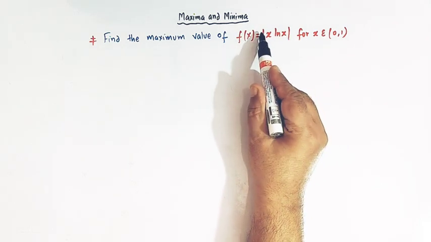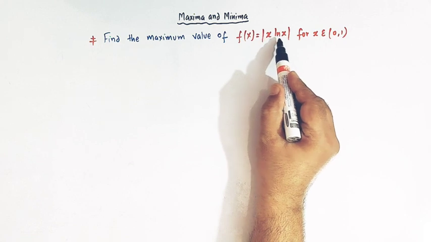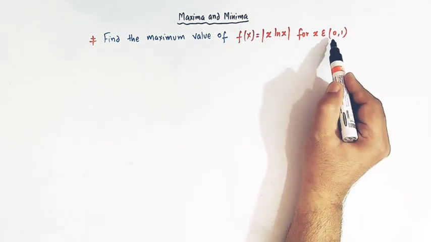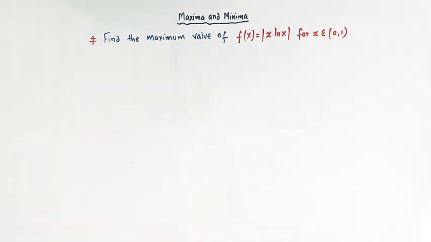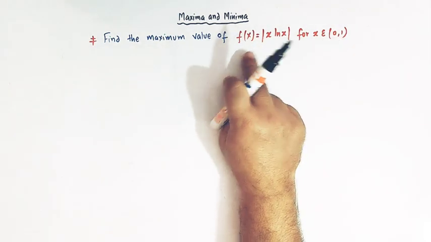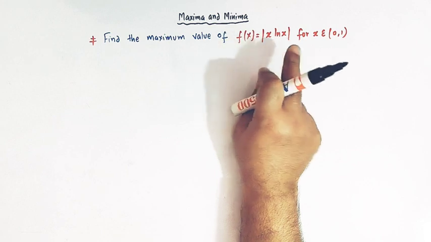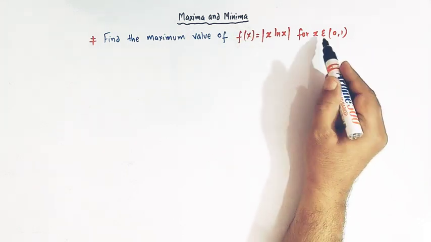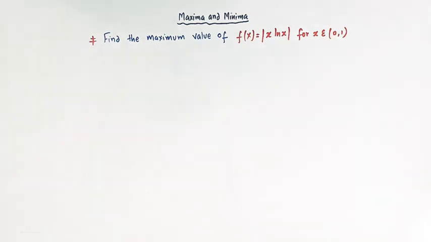which is equal to the absolute value of x times log of x, for x belonging to the interval 0 comma 1. So we have to calculate the maximum value of this function when x lies between 0 and 1.